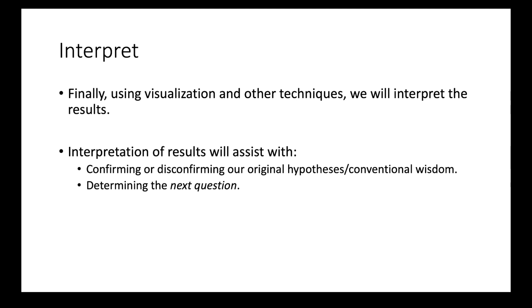All right. Now, interpretation is the main thing that we're getting to, right? We model not for the sake of modeling. We model to get to an answer or to a number or a pattern that we're going to either confirm or disconfirm our hypothesis or the conventional wisdom.